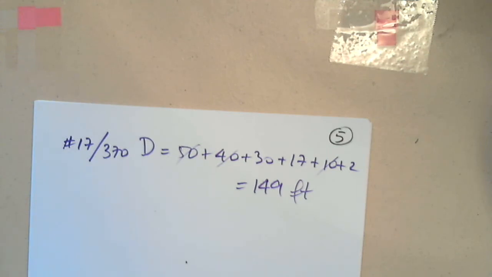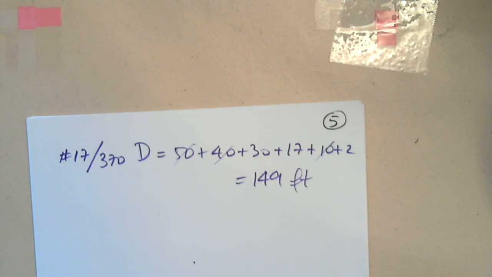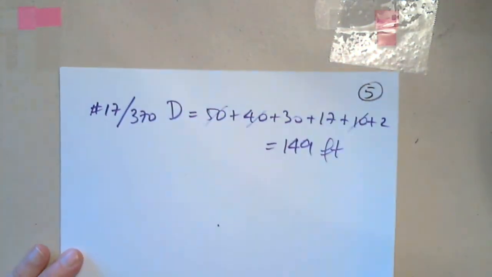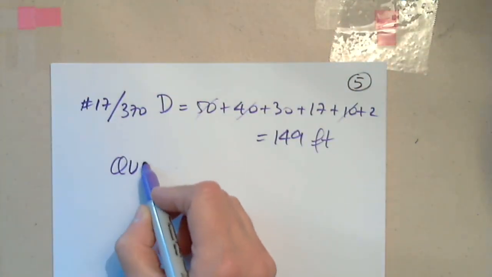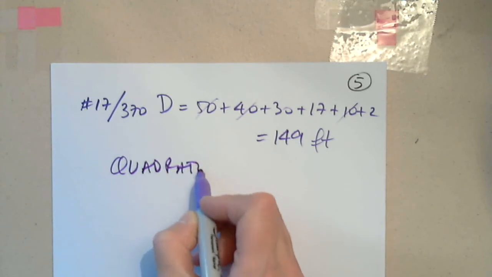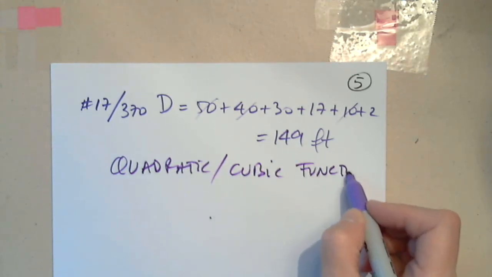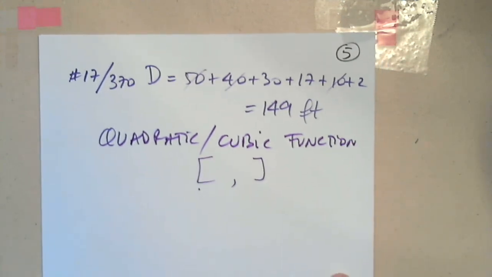I would like to look at some more applications. If you'd like to choose another cubic, linear, we've done that. Another quadratic or cubic function. Please choose an interval, and let's determine the area under the graph.